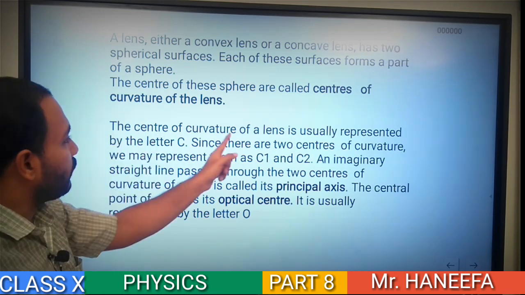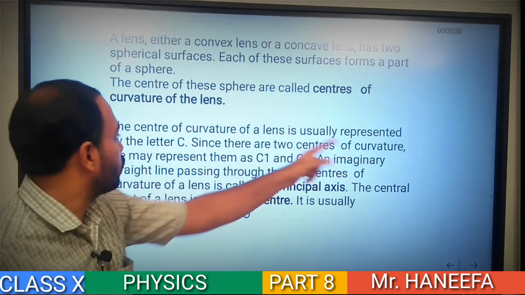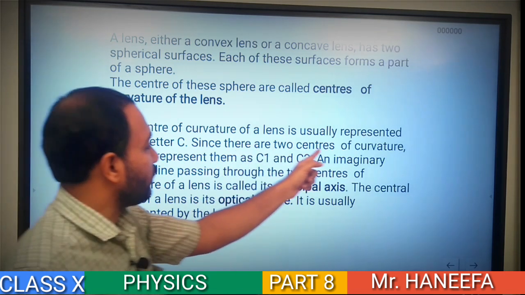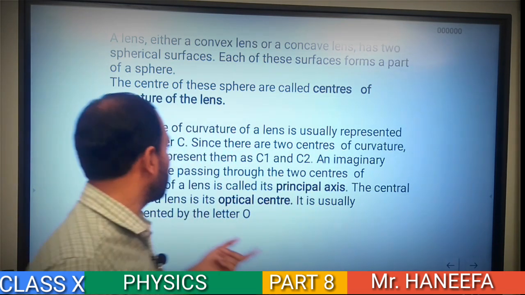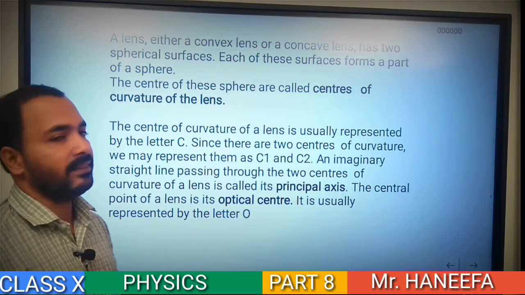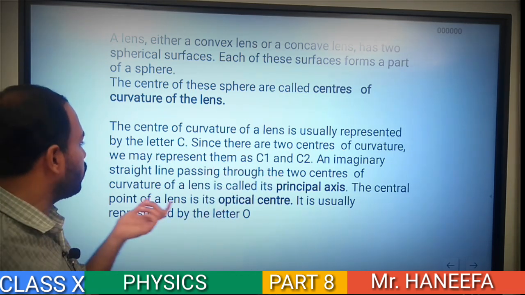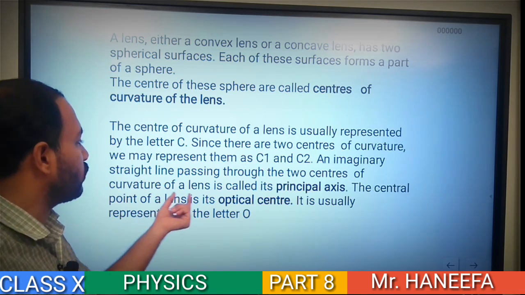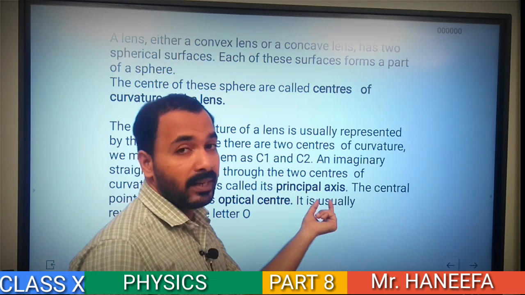The center of curvature of a lens is usually represented by the letter C. Since there are two centers of curvature, we may represent them as C1 and C2. Then an imaginary straight line passing through the two centers of curvature of a lens is called the principal axis.